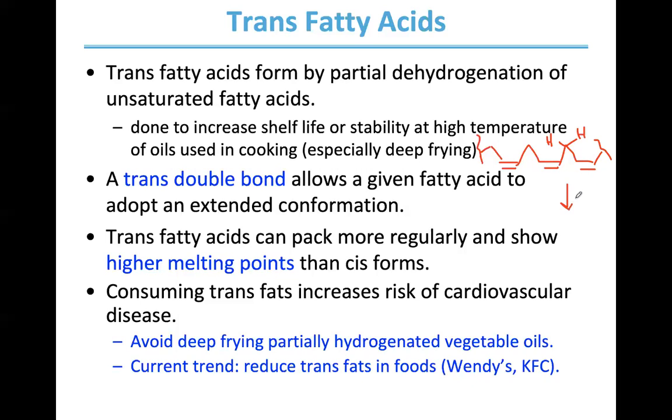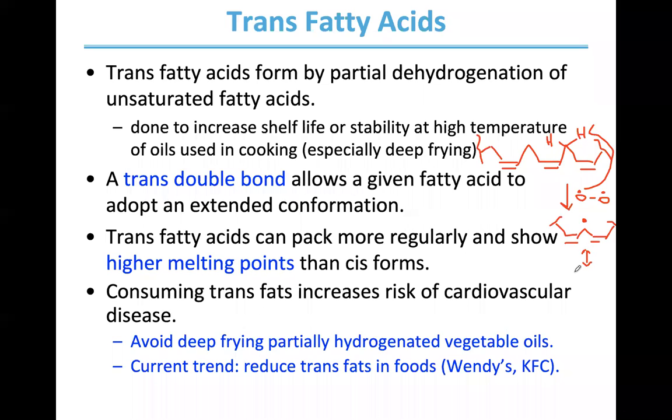And so in the presence of oxygen, and oxygen is a bioradical, right? Oxygen can remove one of these hydrogens and produce a radical, which is stabilized by resonance.